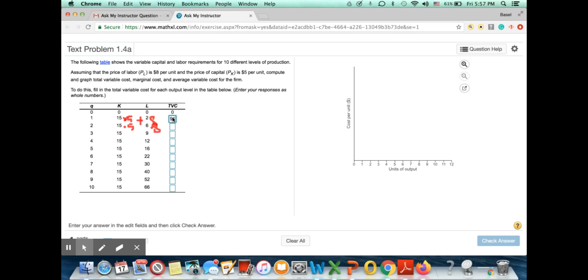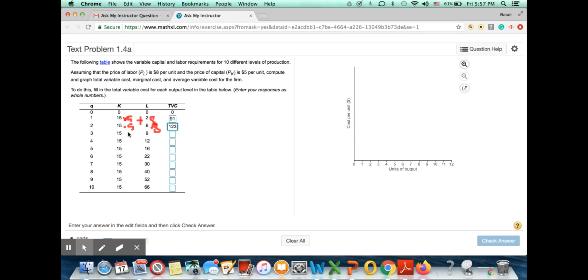So 91. And here 6 multiplied by 8 is 48 plus 75. So I got 123.